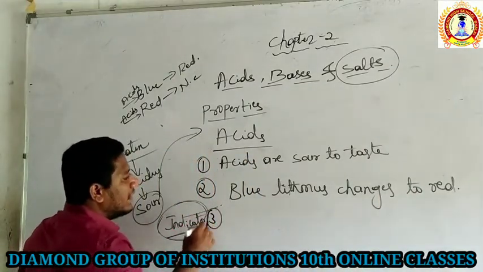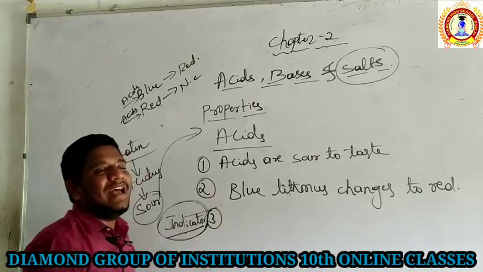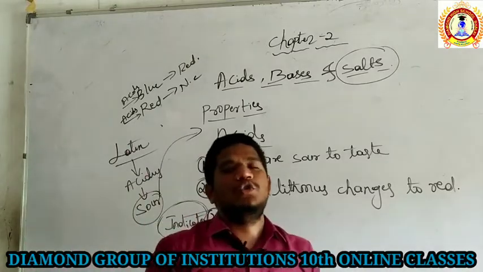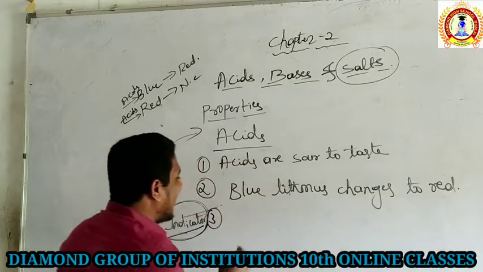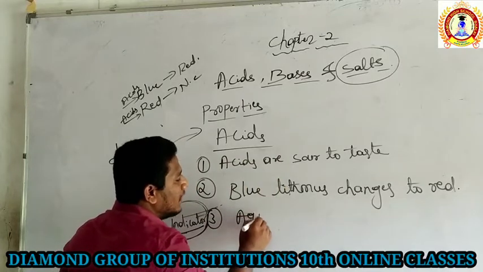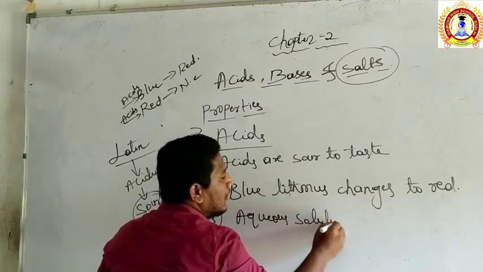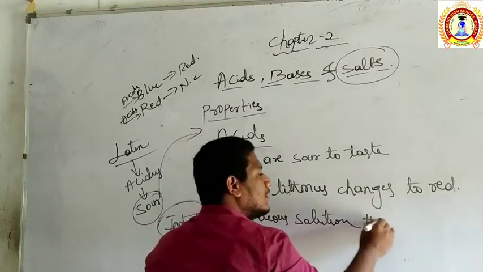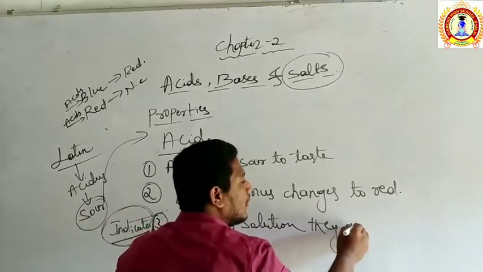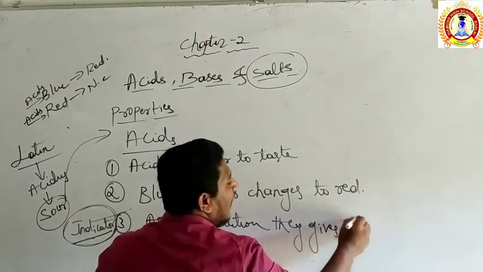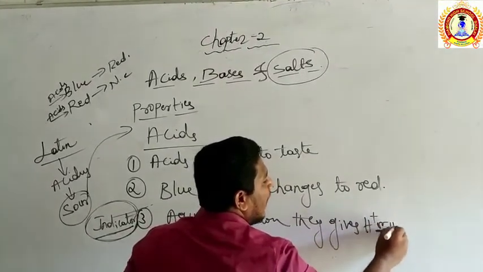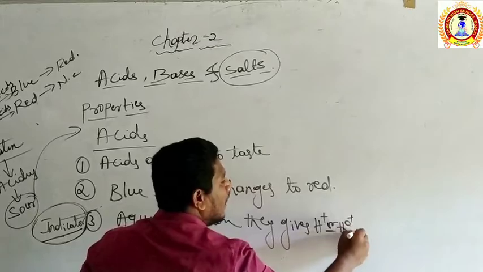The third property is that when acids are added in aqueous solution, they give H plus or H3O plus ions.